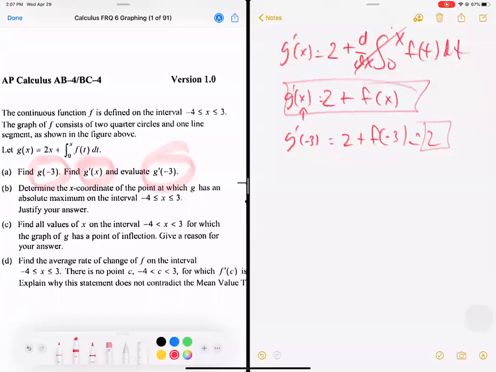Okay, here we go. Determine the x-coordinate of the point at which g has the absolute maximum on the interval from -4 to 3. Absolute maximum is when the derivative changes from positive to negative. After we find that point, we always have to double check by comparing to the endpoints. So let's come up with a sign chart. g prime of x, we said, was 2 plus f of x.